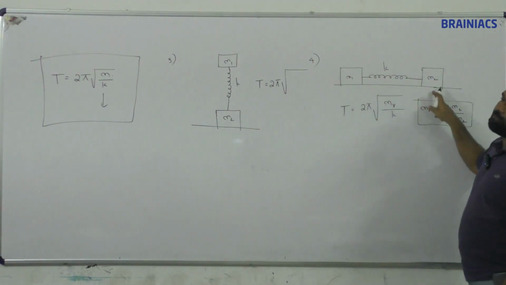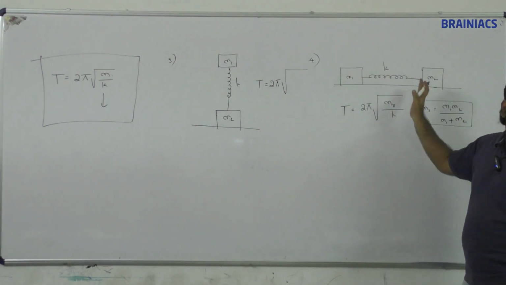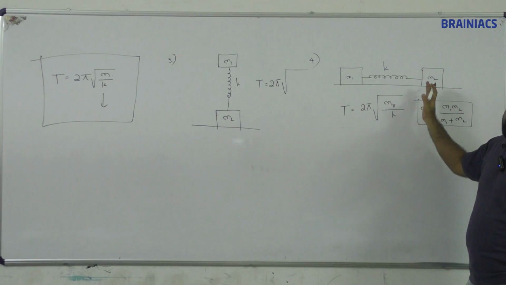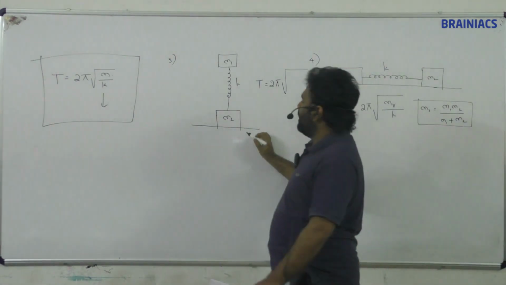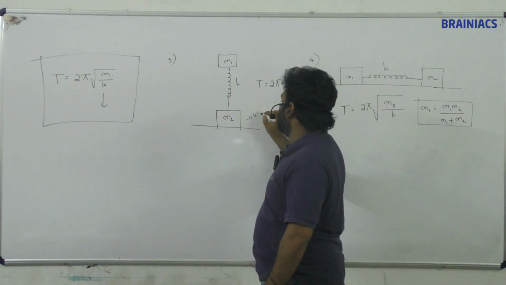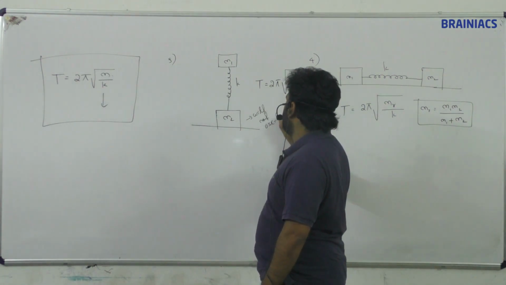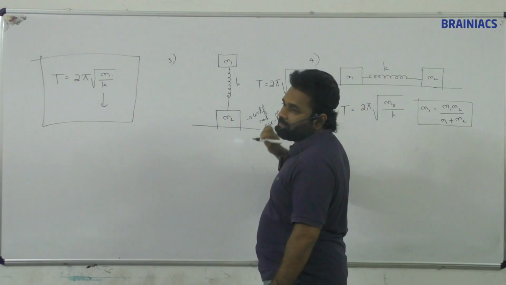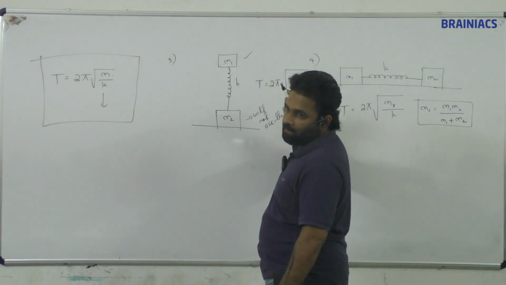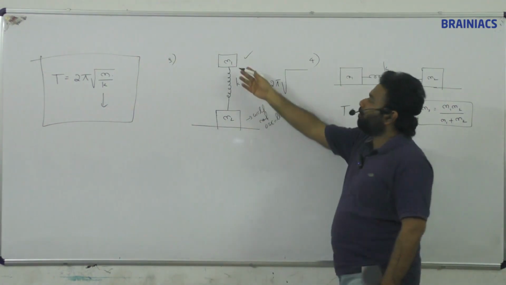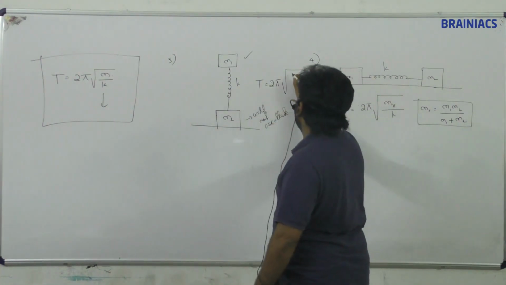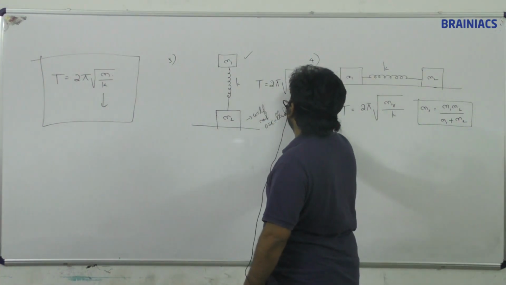In this case actually two masses will be moving, two masses will be oscillating, correct? But in this case this will not oscillate, but this one will oscillate. So we just need to consider only this mass. So 2 pi into root of m1 by k.